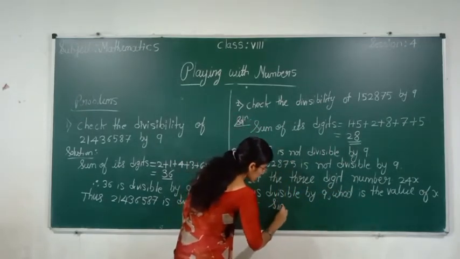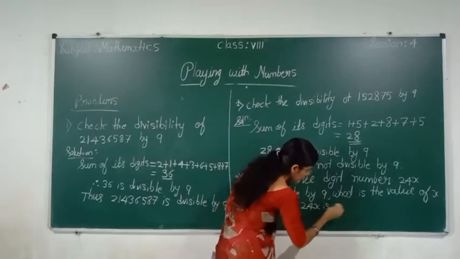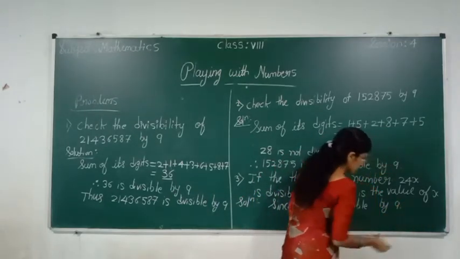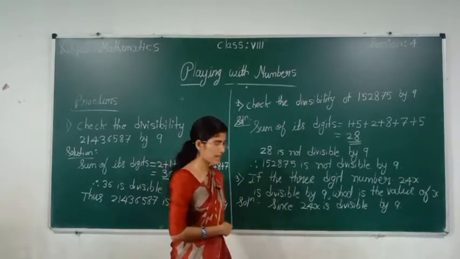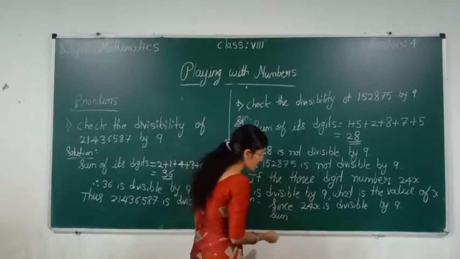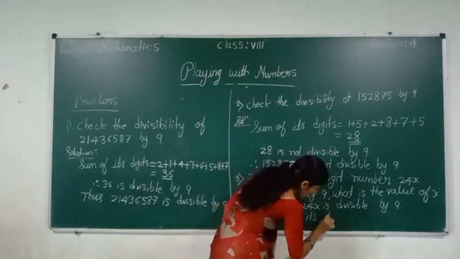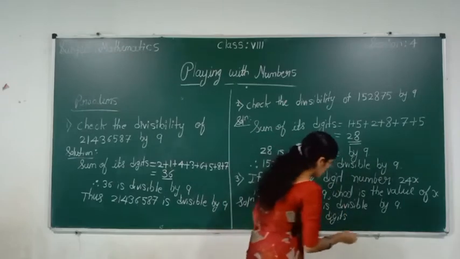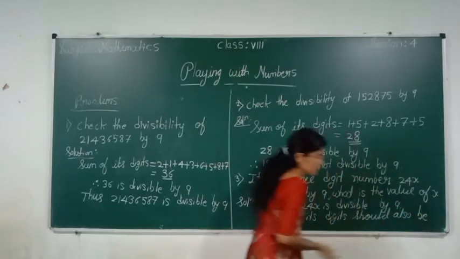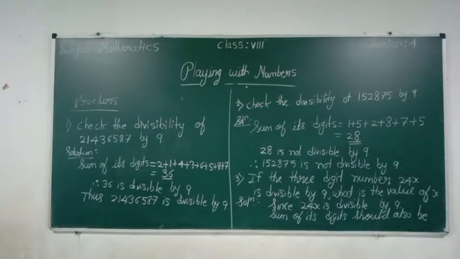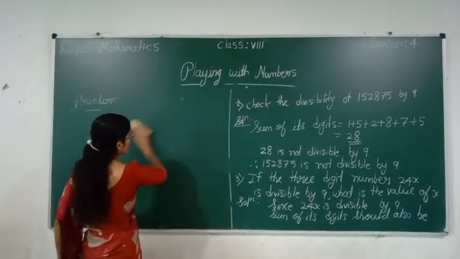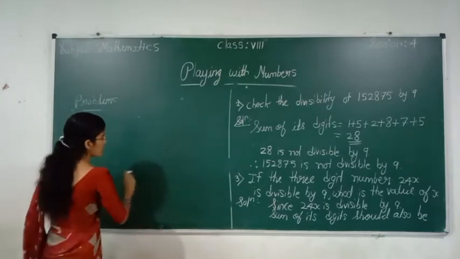Since 24x is divisible by 9, the sum of its digits should also be divisible by 9. Yes or no?